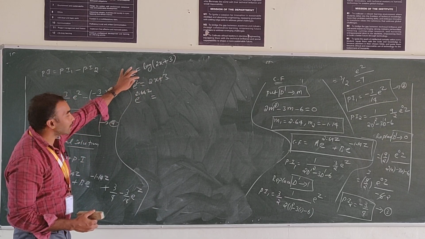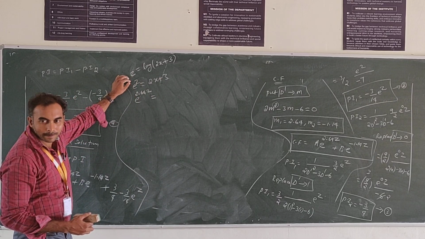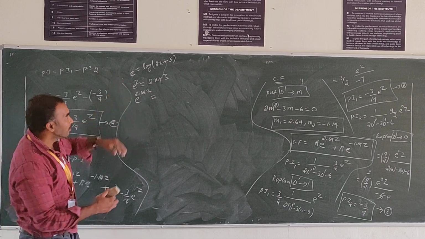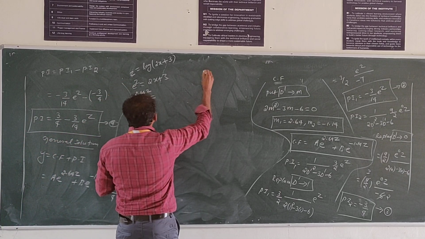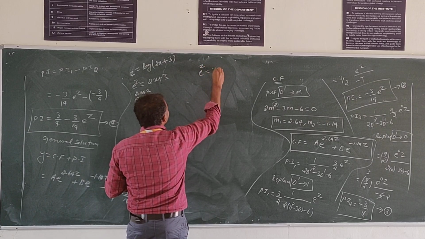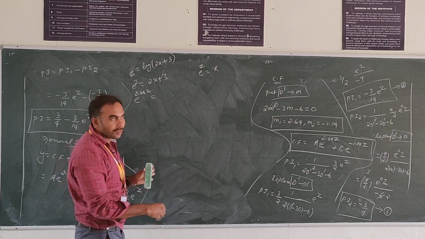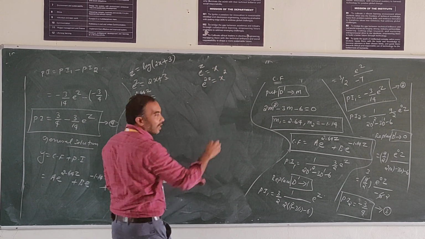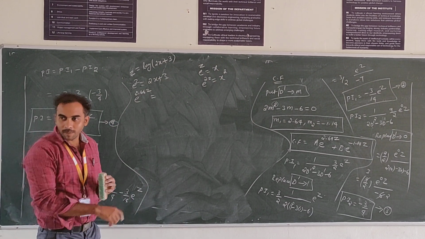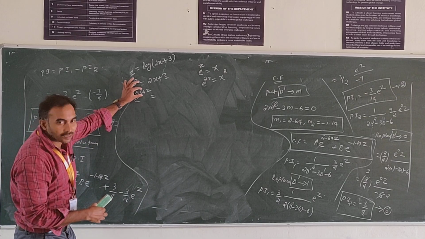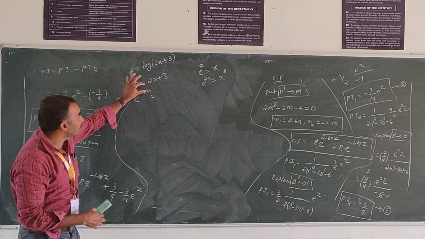e power 2z can be written as, in the first type, that is Euler's type, e power z can be written as x. Is it not? e power 2z can be written as x square. e power 3z can be written as x cubed. So this constant will come in the power.